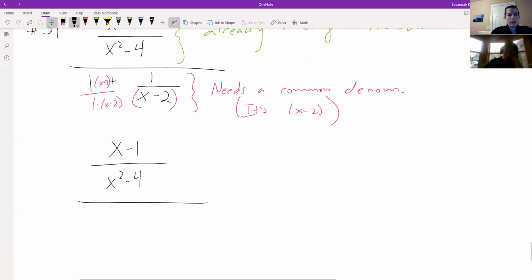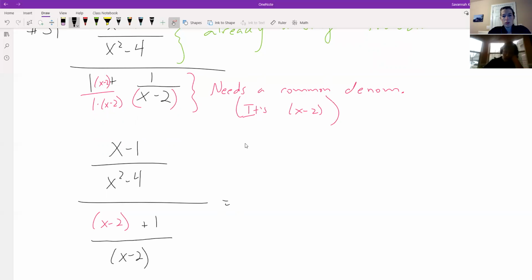Okay. And then it looks like I've got something like this. When I add those things together, because now that I've got common denominators of x minus 2, I can add the tops, and the tops are just x minus 2 plus 1.